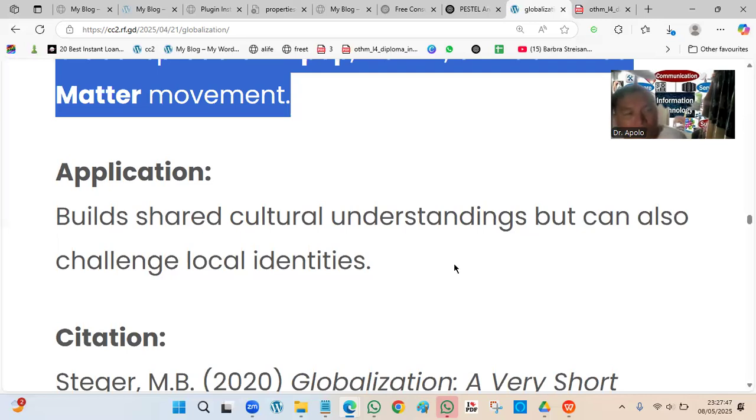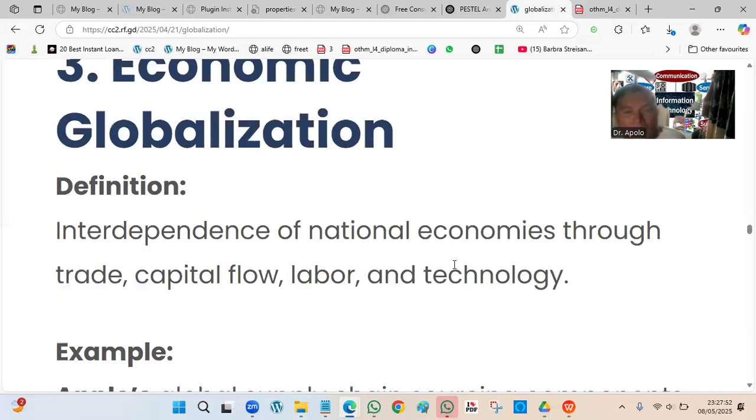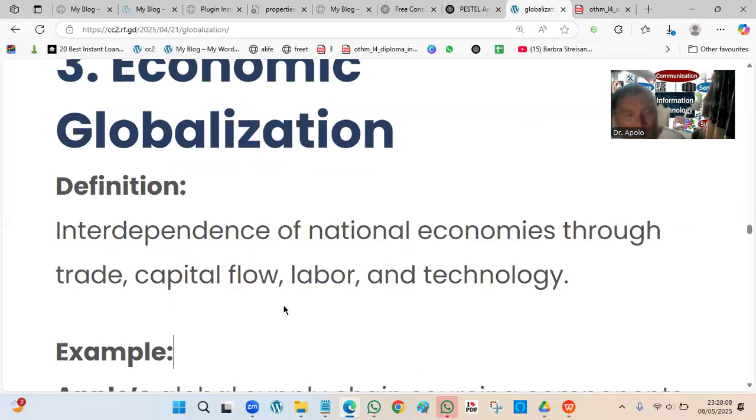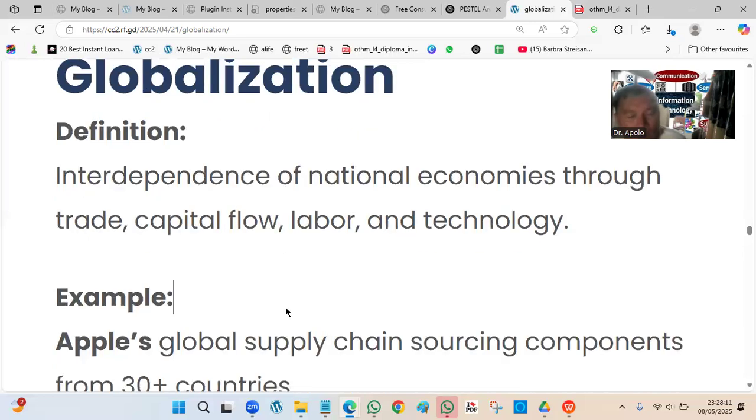That's the implication. Economic globalization: interdependence of national economies through trade, capital flow, labor, and technology. We see how people are swinging from east to west, north to south; we call it economic globalization. The supply of talent, the need for products and supply materials.